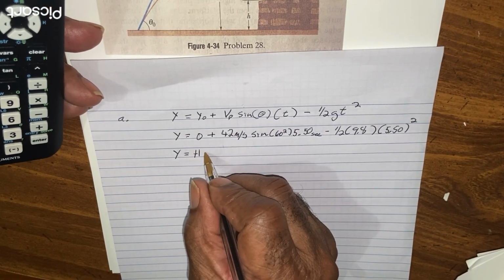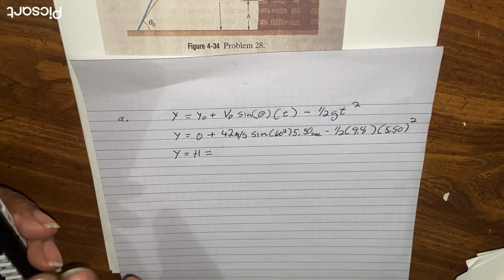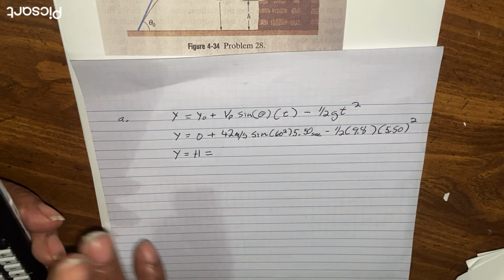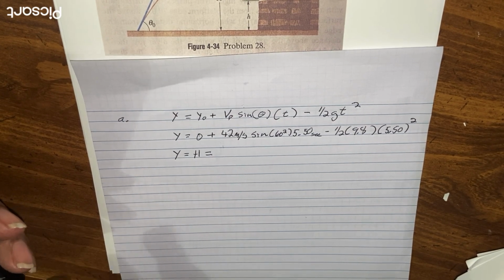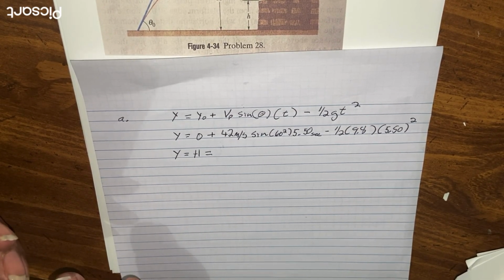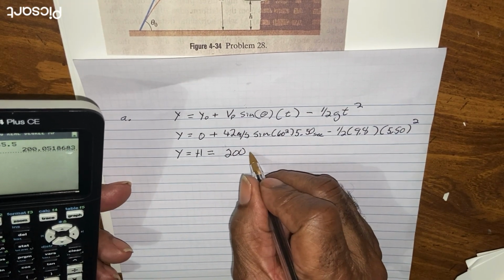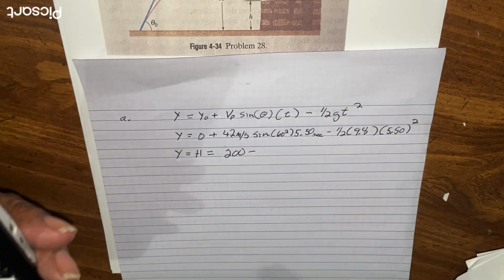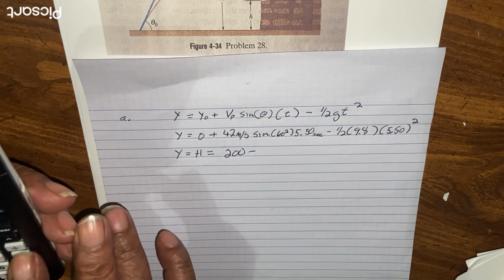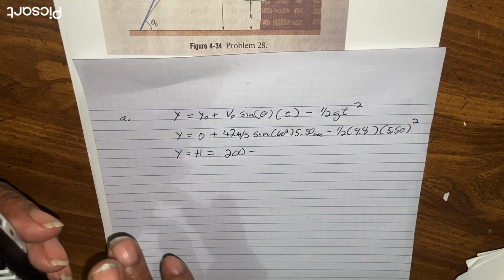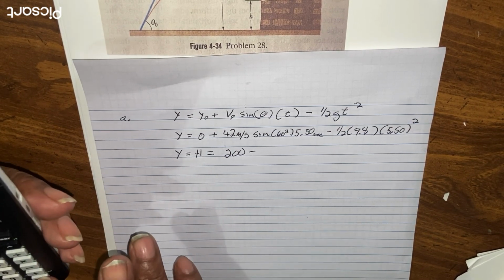Y is the same here, which is going to equal 42 times the sine of 60 times 5.5. That's going to be 200. It's going to be minus 0.5 times 9.8 times 5.5 squared.